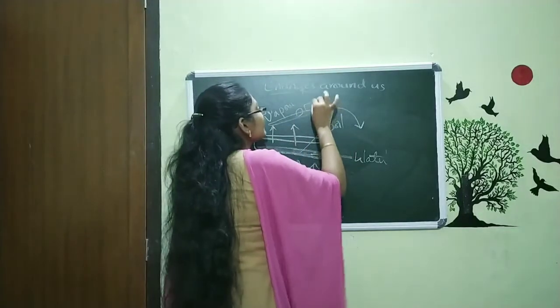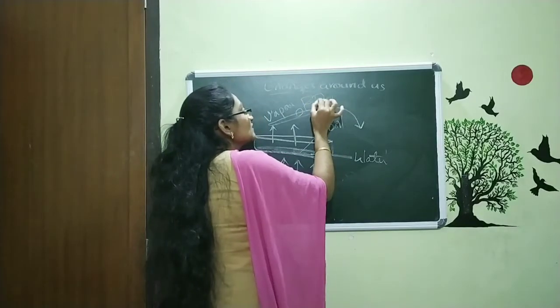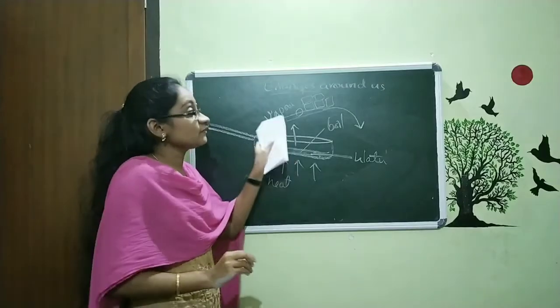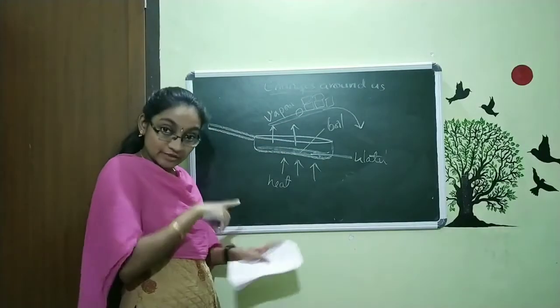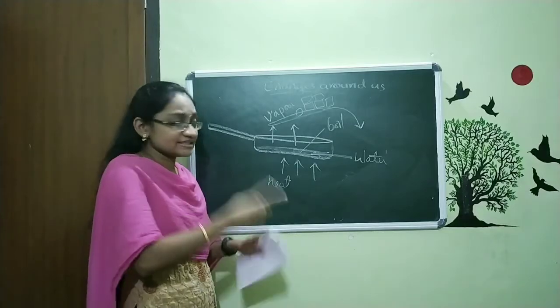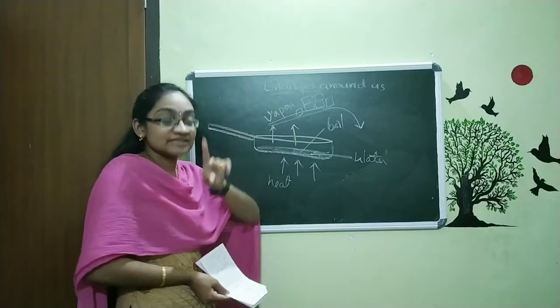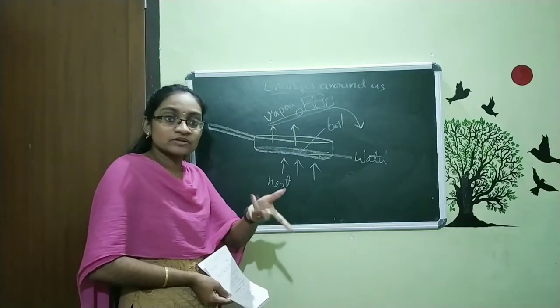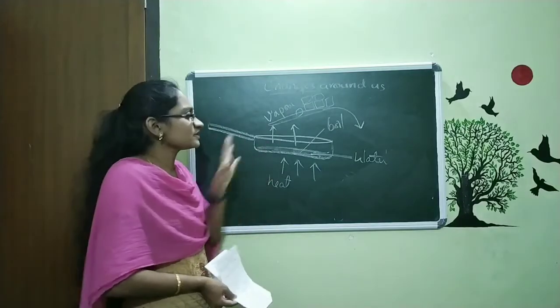When I am placing some ice cubes here, what happens? Now this is cooling. That means when our vapors start cooling, they convert to water again. There also a change occurs. So water converting to vapor, is it reversible or irreversible? It is a reversible change. It is a simple reversible change.